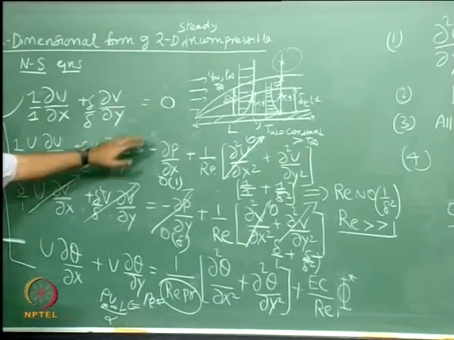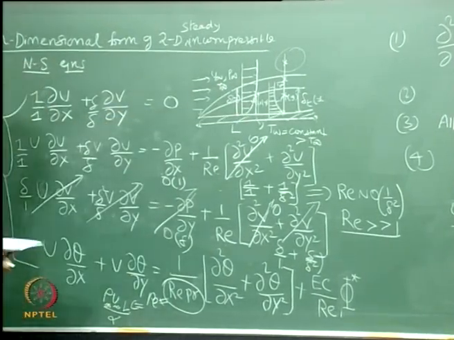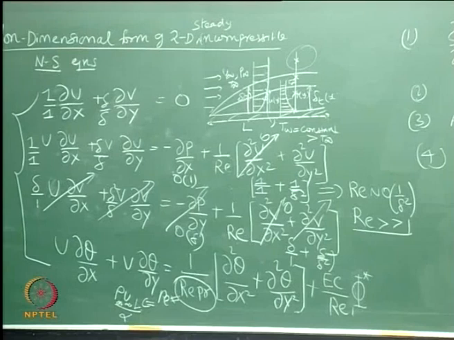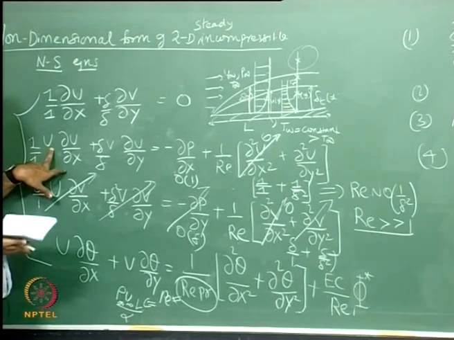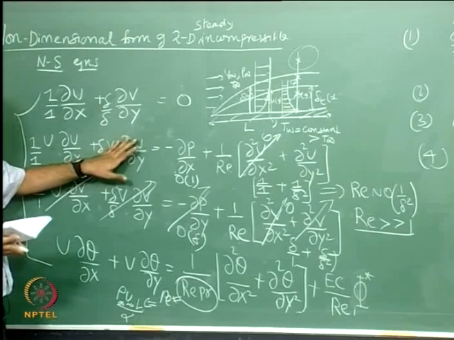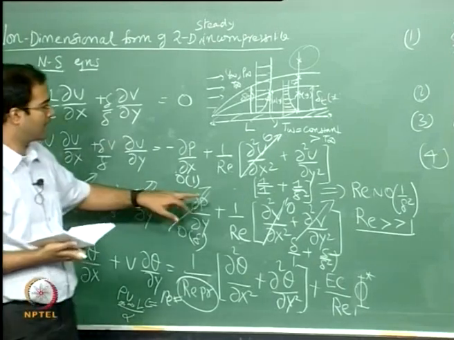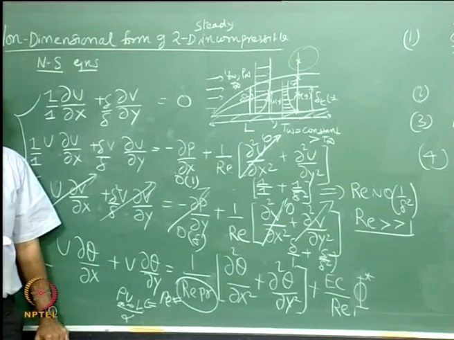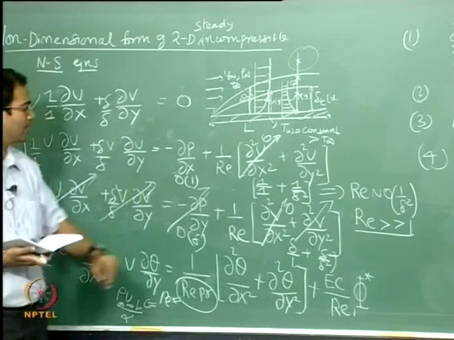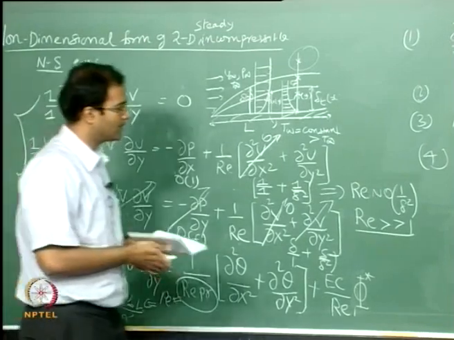No, we are assuming the flow is in the x direction. So in the x momentum equation you have only the u velocity, v velocity is not there, so this term is 0. And how about your viscous effects? It is negligible, and therefore you have only two terms.